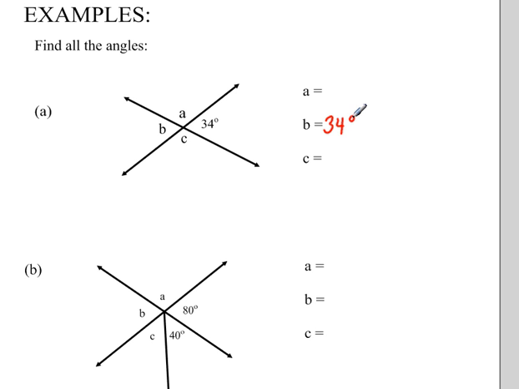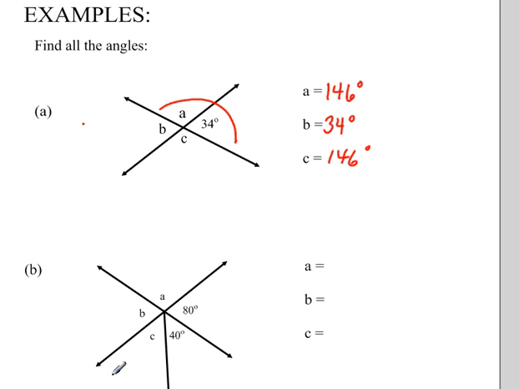To get the other angles, you have to think that A and 34 are supplementary. So if you notice these two here are along a straight line. They add up to 180 degrees. So 180 minus 34 is 146 degrees. And then A and C are opposite.